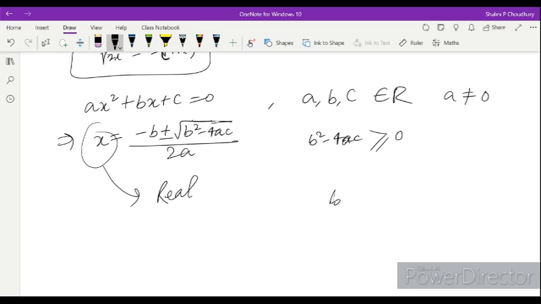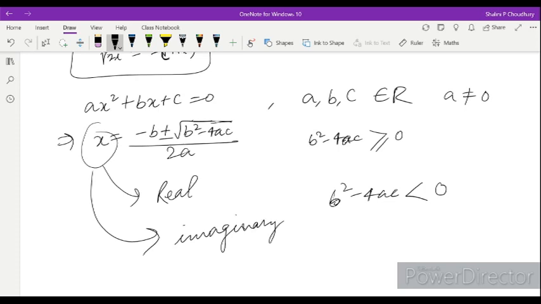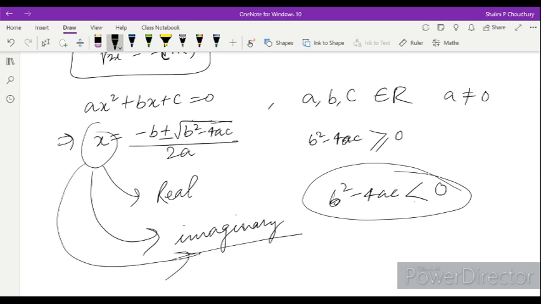If b square minus 4ac is lesser than 0, it means this value will be imaginary. Okay, एक imaginary number होगा. Why? Because roots of equations जो होगा, in this case if b square minus 4ac is lesser than 0, in this case roots of x will be imaginary number, complex number.